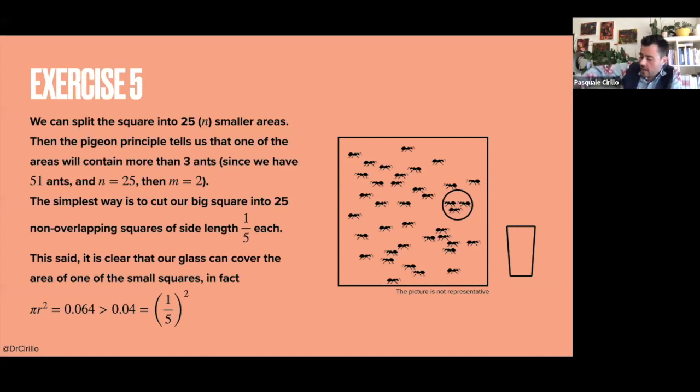So since the area covered by the glass is larger than the area of the small square that contains 3 points, the answer is yes: with this glass I can find a way of covering and capturing 3 points over this square that contains 51 points.